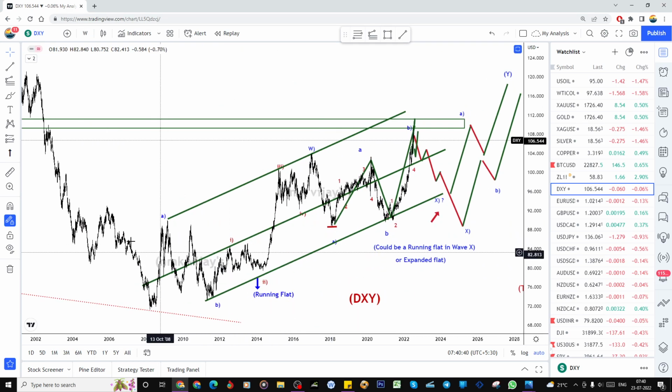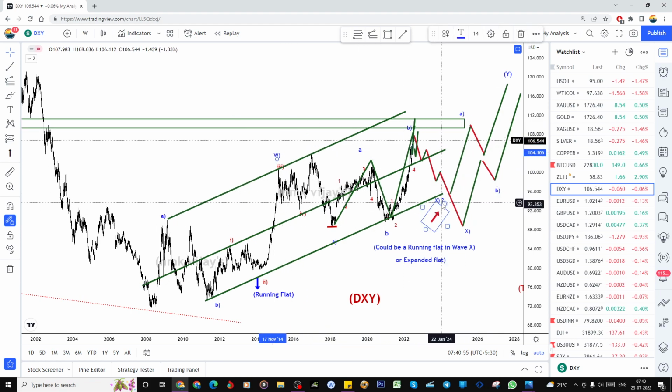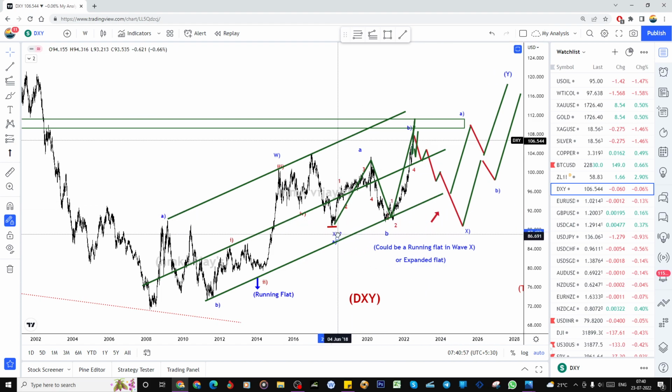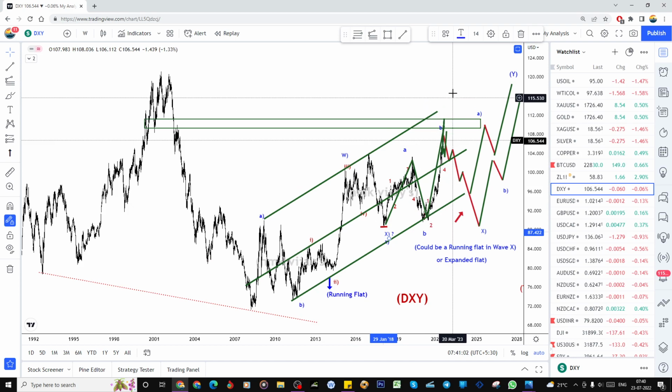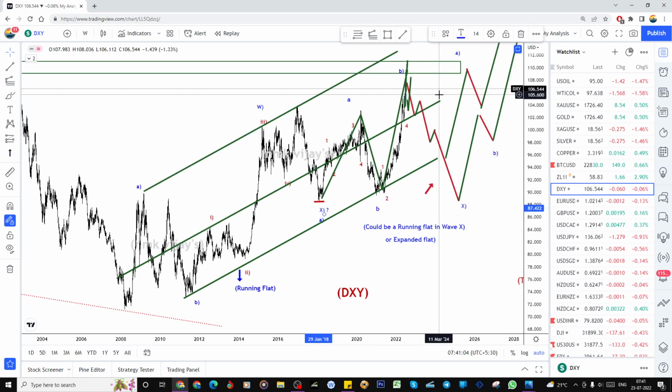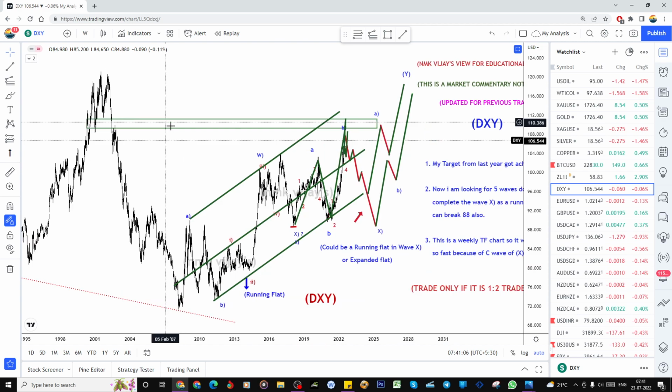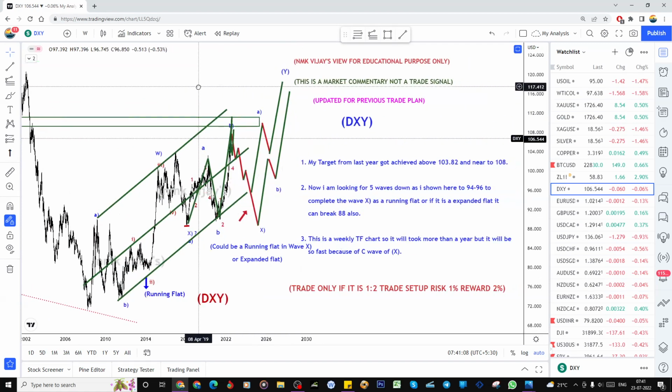My previous count is A, B, 1, 2, 3, 4, 5, where ABC is a W, and X could be a running flat, or the previous wave count is W and this is the X, so ABC and that Z is going to complete. Those are the two possible counts I have already explained, and the previous one I had updated is this one.